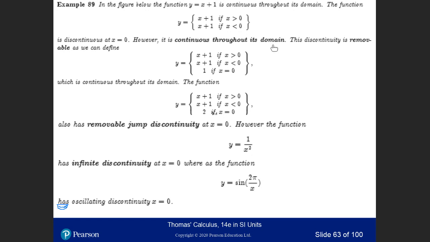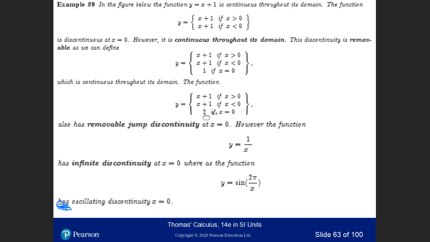However, it's continuous throughout its domain. Okay, this type of discontinuity is removable. So if we change the definition of the function as 1 at x equals 0, then we remove this discontinuity, and this function is then continuous throughout the domain.